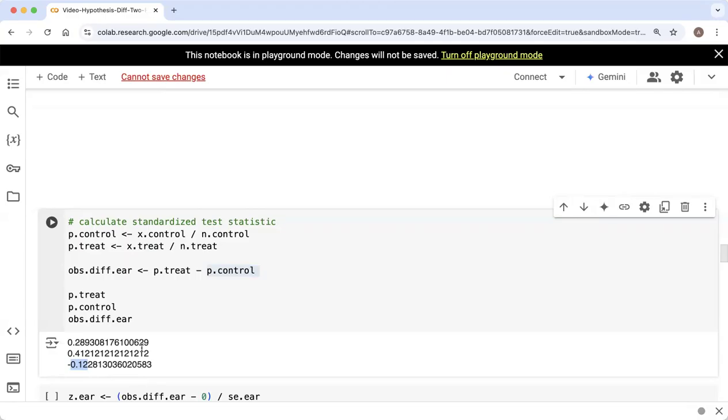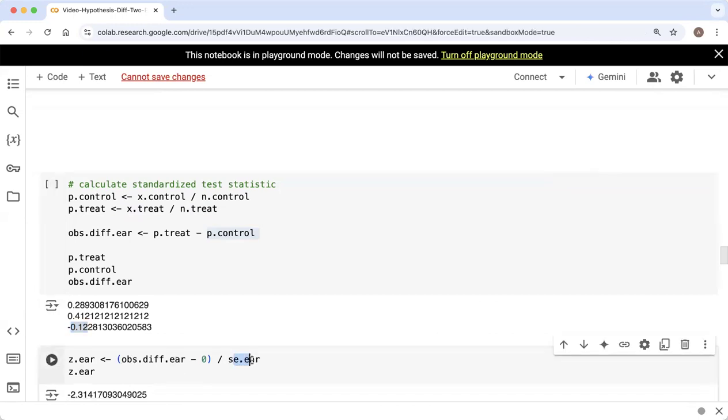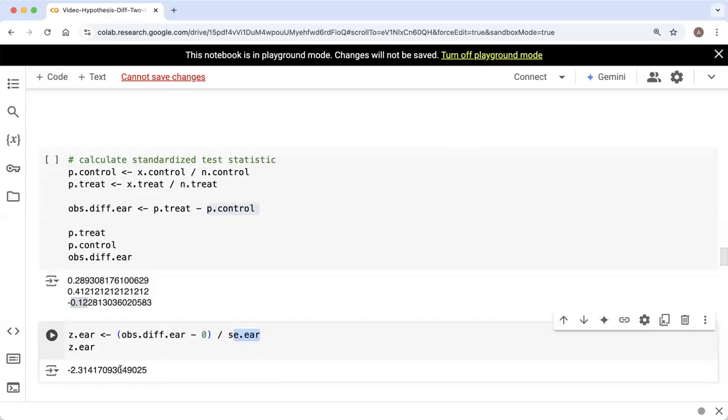So this is where standardizing this difference is useful. If we divide that difference by the standard error, this is going to tell us how many standard errors from the null claim this difference is. So I'm going to take my observed difference and divide it by the standard error. And this gives me a z-score of minus 2.314.